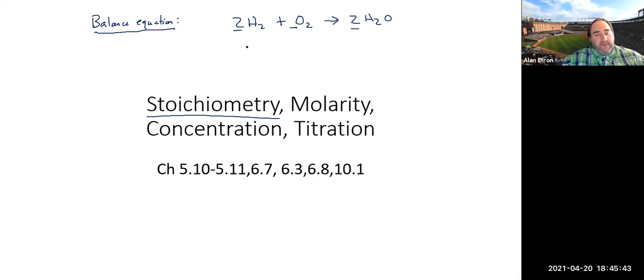That's because in most stoichiometry problems, what we're given is information about one thing in the equation, but we're not interested in that. We're interested in something else in the equation. So we need a way to go from, say, a reactant to a product, or if we're given information about a product, maybe we need to go from a product to a reactant, or from reactant to reactant or product to product.